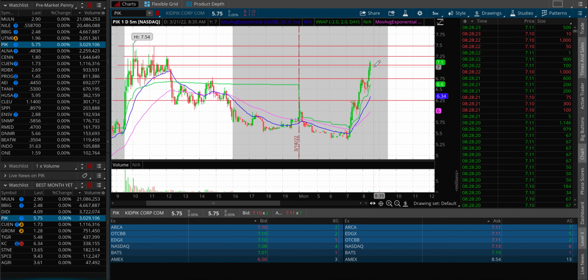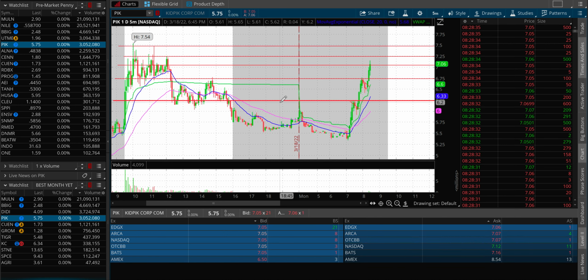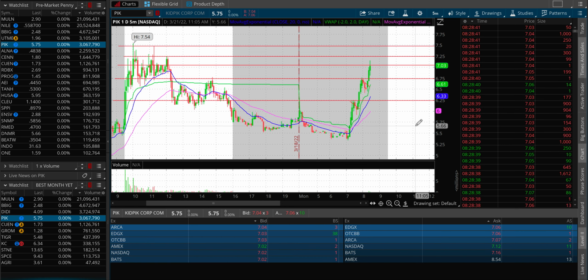So you scalp it to 710 and call it a day, and then wait for a more safe entry for a longer trade, especially in the pre-market session, because you don't have a stop loss. If it was a market session, you can do those riskier entries with a tight stop, but in the pre-market session, you don't have a stop loss, so it's better to be safer.